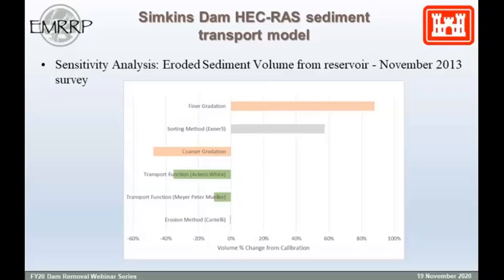The area is slightly smaller, so it produced a deeper channel, but the volume was fairly close. I'm guessing that's because the calibration cross-section was slightly wider, so it had a little bit more bed bottom to erode from. So that was an interesting finding.